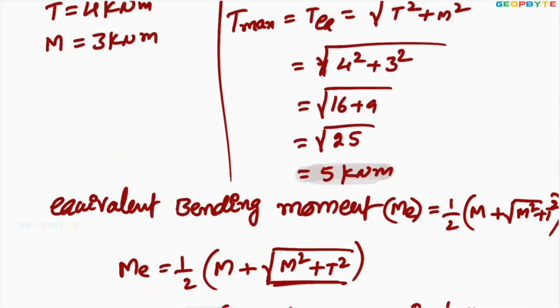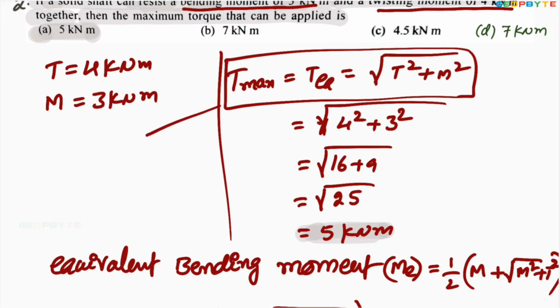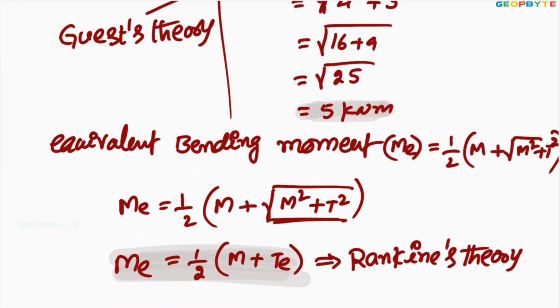Similarly, the maximum torque or equivalent torque is decided based on the maximum shear stress theory or Guest's theory. Remember, Guest's theory is used for finding the equivalent torque, whereas Rankine's theory is used for finding the equivalent bending moment or maximum bending moment. I hope all of you understood. Let us move to the next problem.